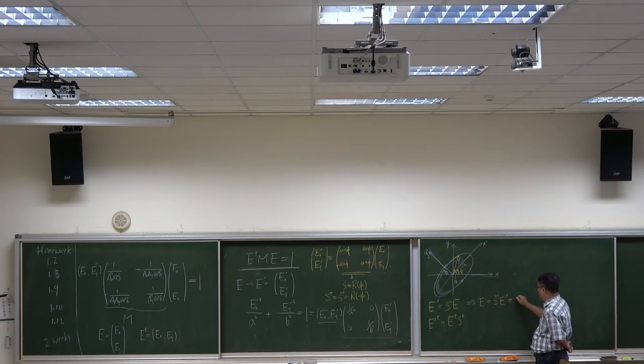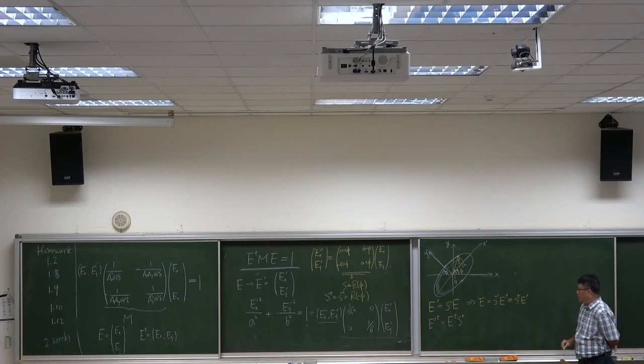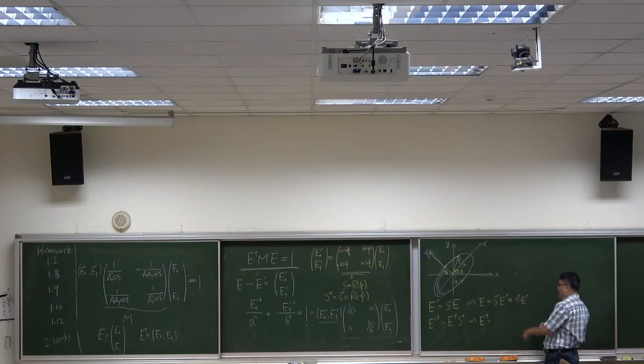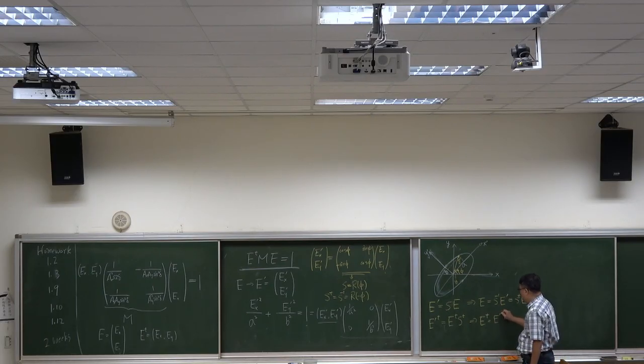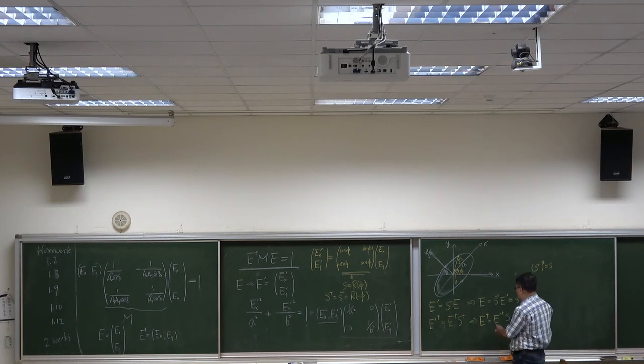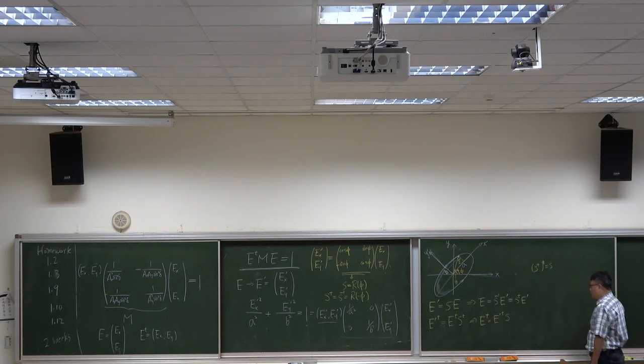Which is equal to S transpose times E prime. So I can write E transpose is the transpose of E prime times S itself, because S transpose transposed is S. Okay. Transpose twice becomes the original matrix.